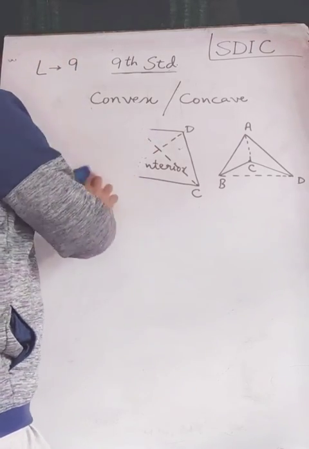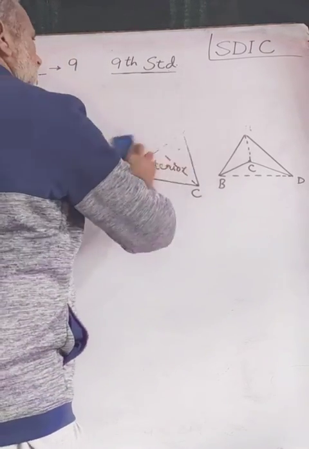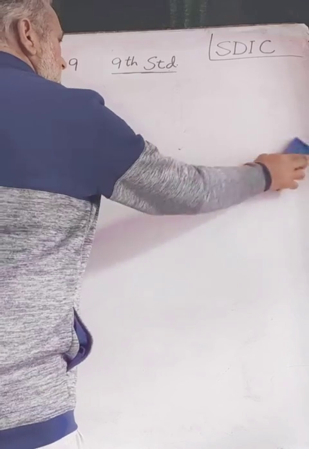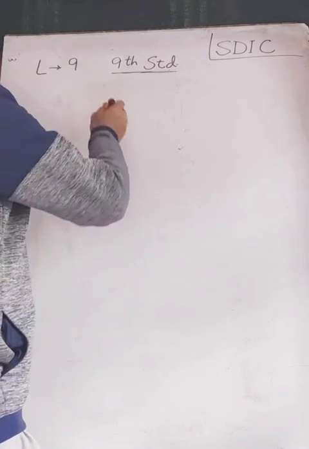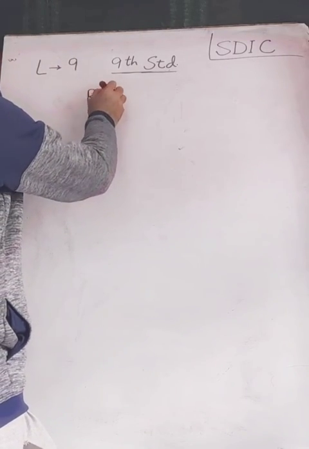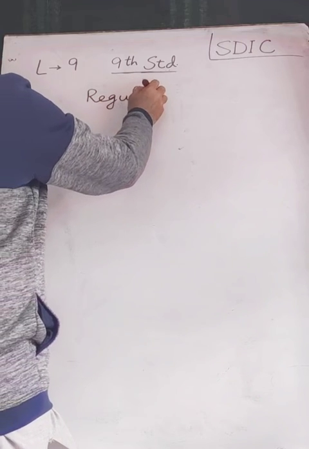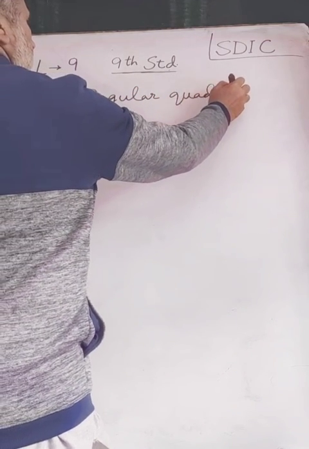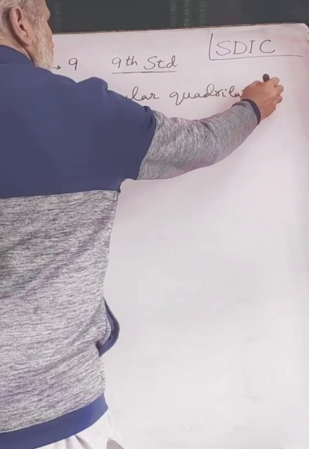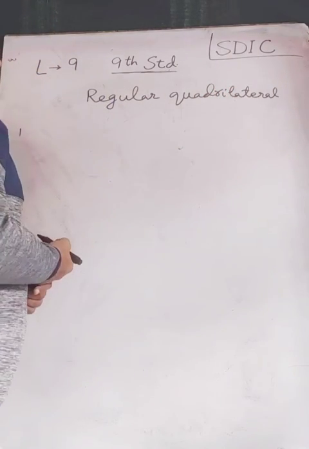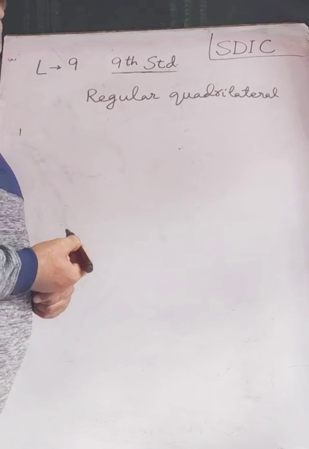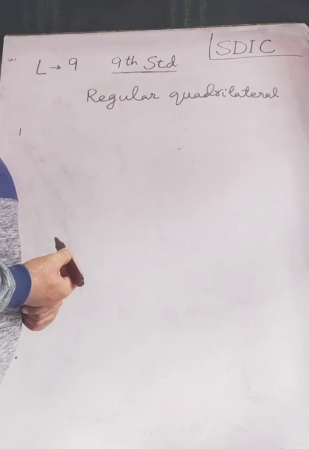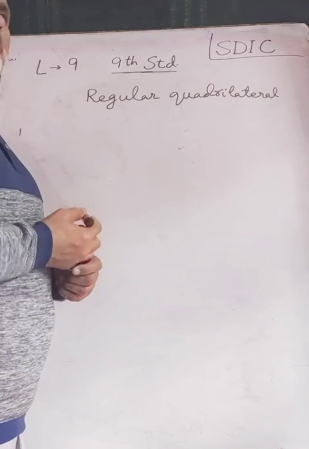Then you have read, again in class 8, that a quadrilateral can be a regular quadrilateral or an irregular quadrilateral. Now what do we mean by a regular quadrilateral? Against that, we'll have an irregular quadrilateral.